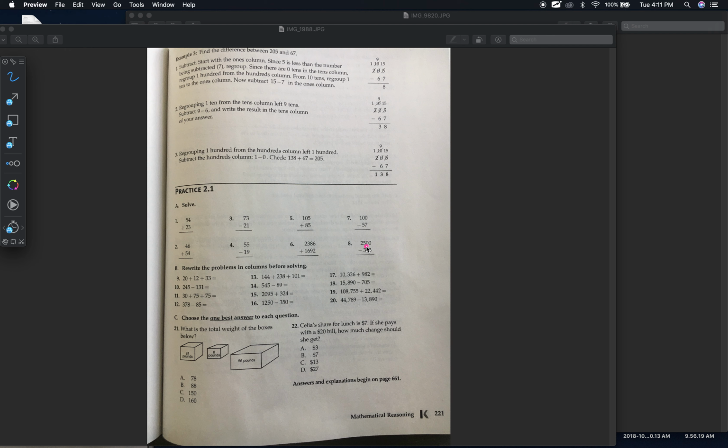But then you still need to borrow for this number. So you turn the 10 to a 9 to lend to this number. Now this one becomes a 10, okay? Because there's always a 1 in front of whichever number this is.